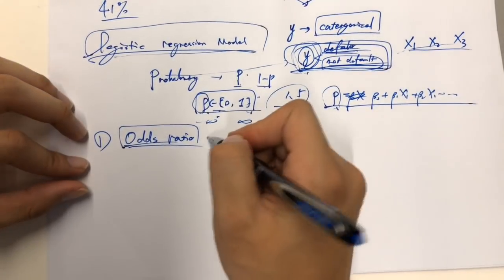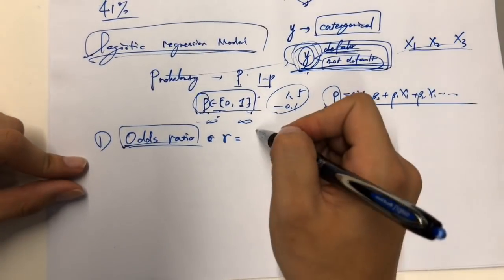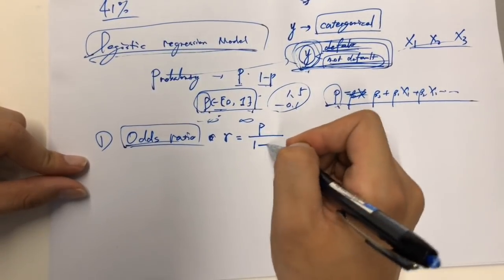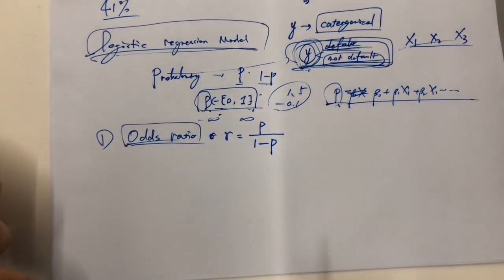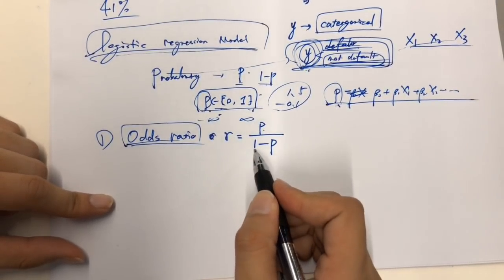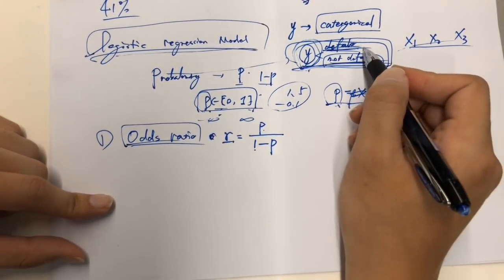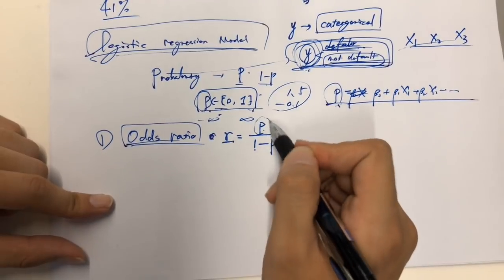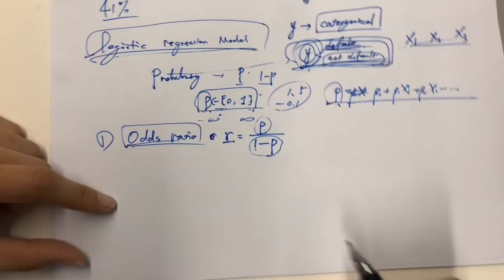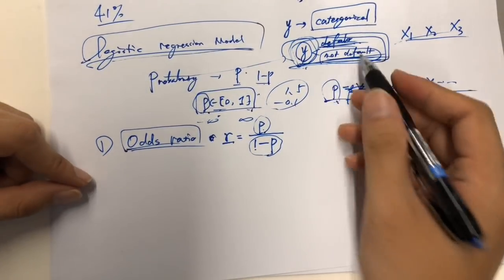Odds, usually defined as R, is the probability of something happening divided by the probability of it not happening. So P divided by 1 minus P. When we talk about the odds of being default, it is the probability of being default divided by 1 minus the probability of being default, or the probability of not being default.